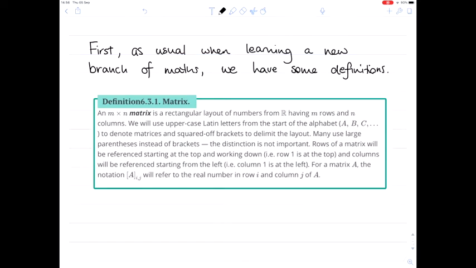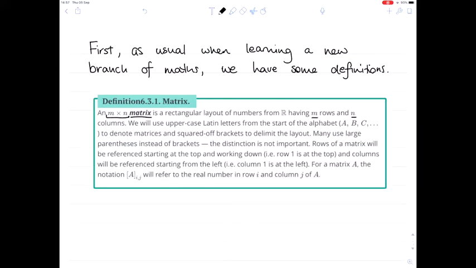So as usual, when we're developing a new area of maths, we have some definitions that we need to learn. So the first is the definition of a matrix. A matrix has certain dimensions associated to it. It's a rectangular layout of numbers from the real numbers, having m rows and n columns.